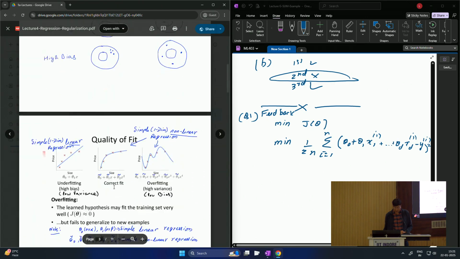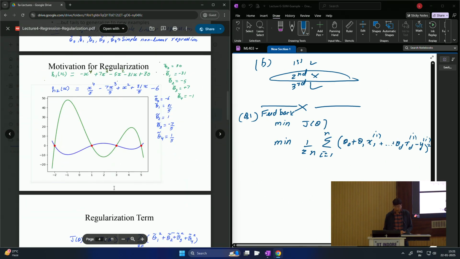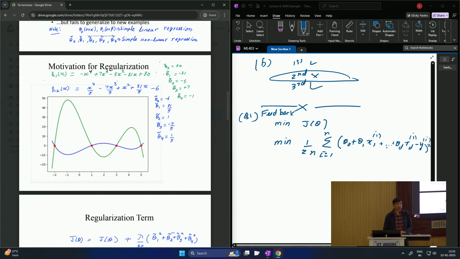So when we move to regularization, this slide which I am now telling you for the third time, this is linear regression, the x is still just power 1, degree 1. But assume that x was 4 degree. Let's say we were doing non-linear regression.